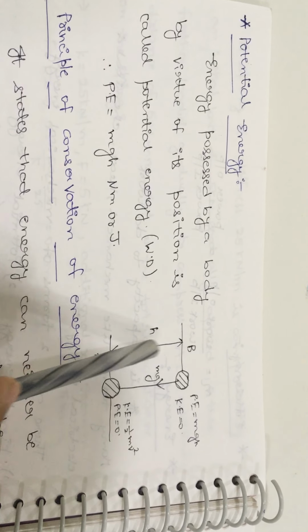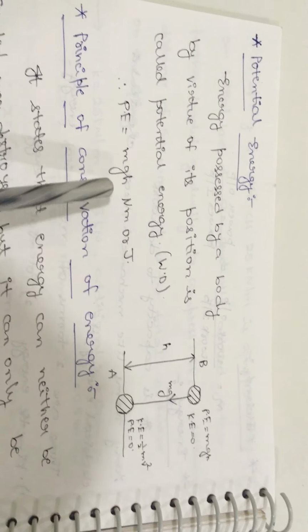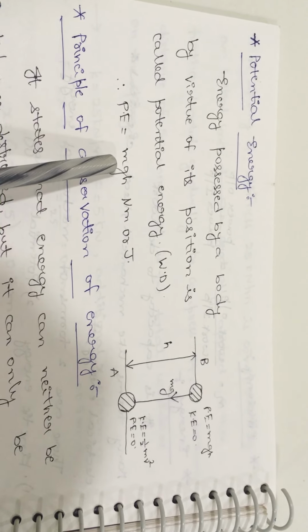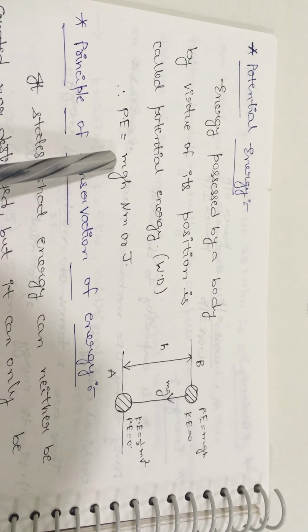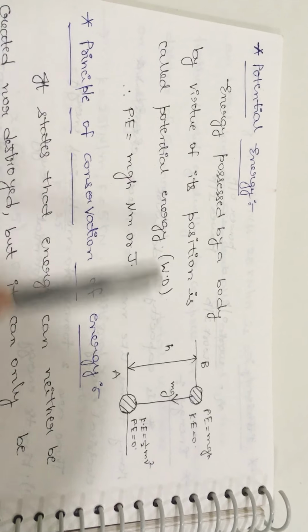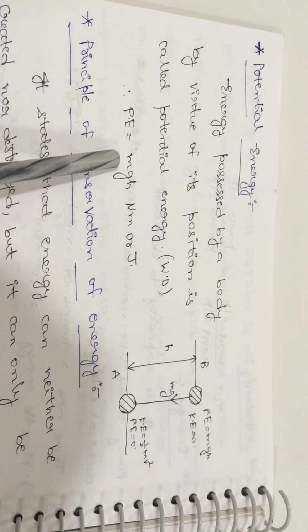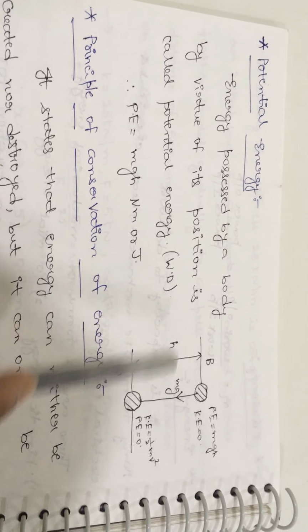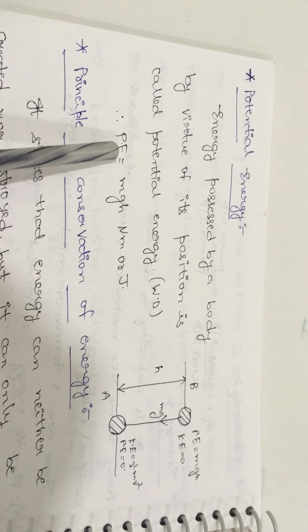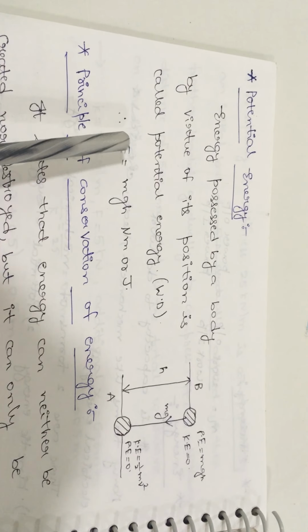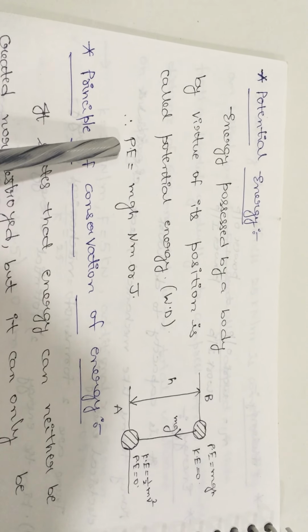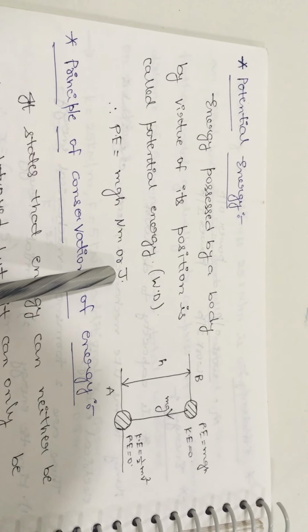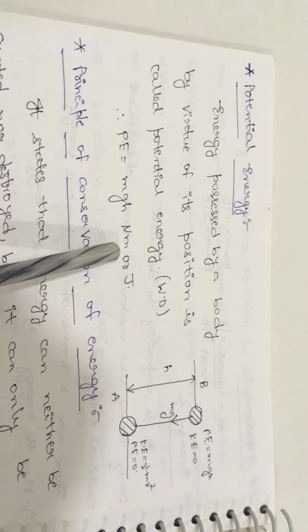And here parallel displacement is nothing but a height value only. So here in place of the work done formula, you will get the force value as mg and displacement value as h. That is nothing but mgh. Here work done in this condition is nothing but in terms of the energy is nothing but potential energy. So here mgh is the formula for potential energy, and again units for the potential energy are Newton meter or joules.